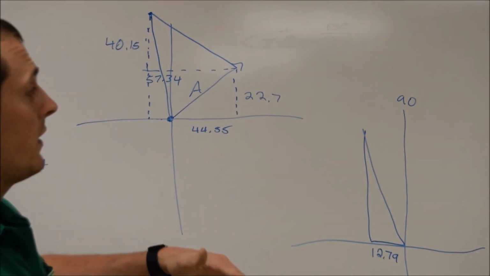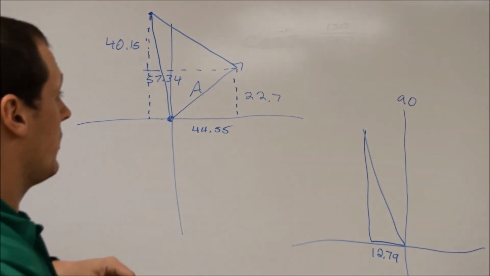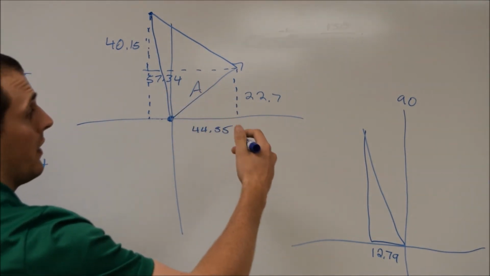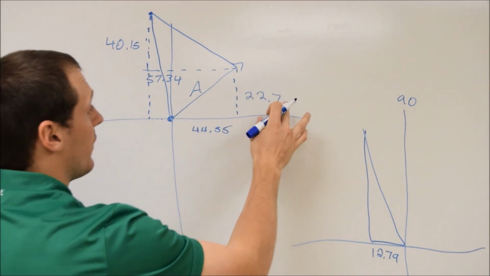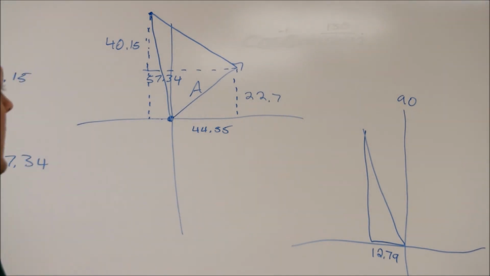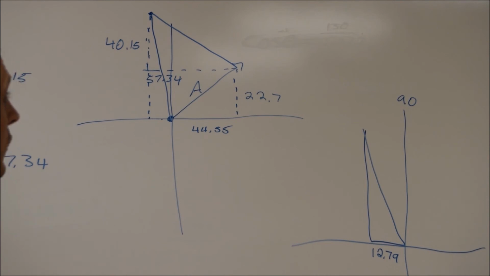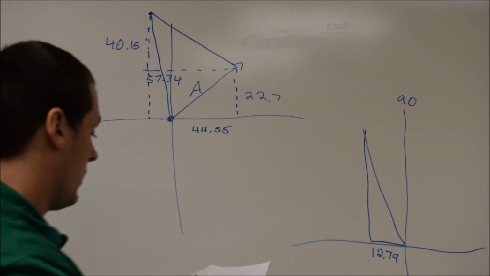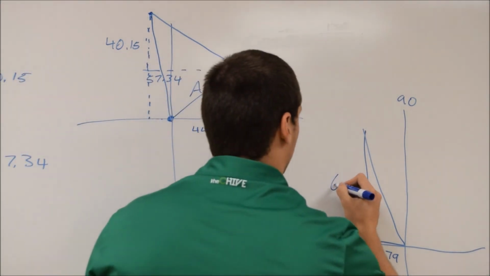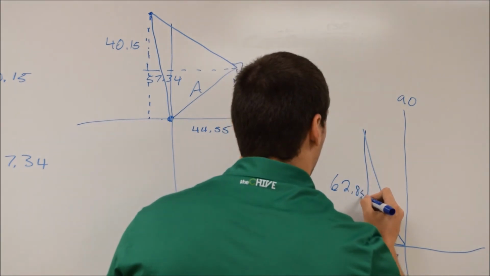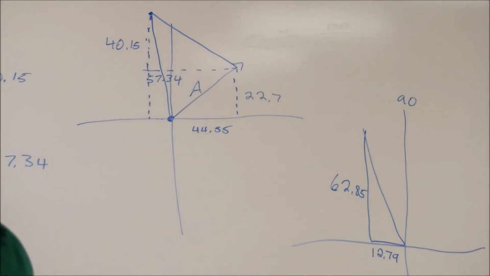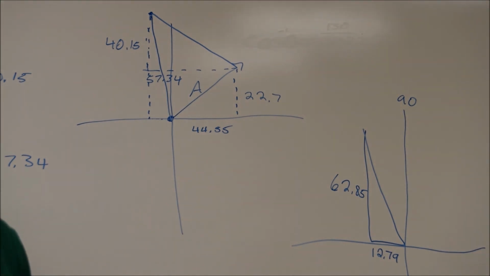And since both vectors essentially stack up together, we can just add their y values. So for vector A, it was 22.7, and for vector B, it was 40.15. When we add those two numbers together, we end up getting 62.85.